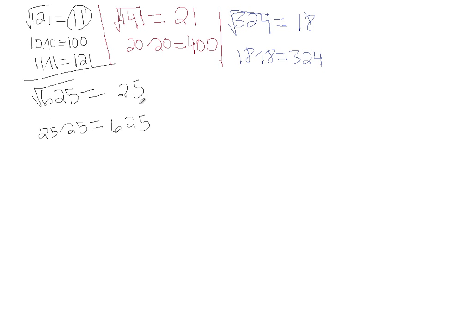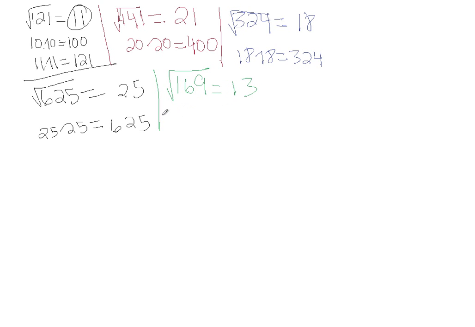Let's find the square root of, let's say, 169. Again, we know 10 times 10 is 100, so the square root of 169 is going to be just a few more than 10. 11 times 11 is 121, and it turns out 13 times 13 is 169, so the square root of 169 is 13.